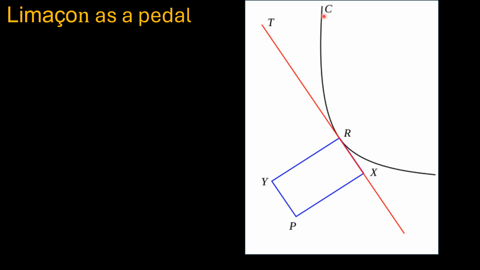So if we have a curve C and we have a tangent at point R, and obviously we might have several other tangents at different points. If we pick a point P, the projection from this arbitrary point P to that tangent, such that it is a triangle to the tangent, causes this point x, right?